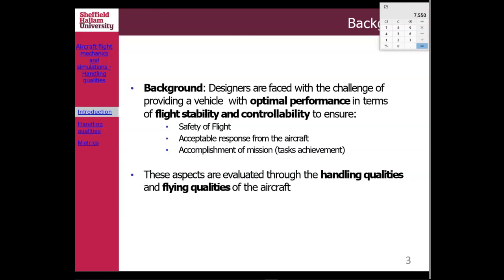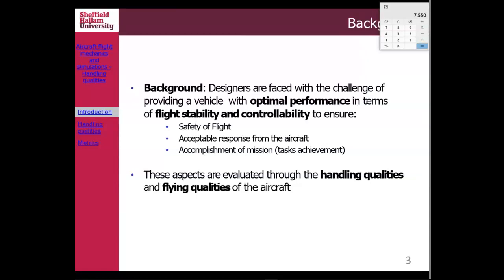So the background is obviously, as a designer, you need to provide your aircraft, which you're designing, with an optimal performance. Now with regard to stability, we talked about stabilities already last week. There are two stabilities, static stability and dynamic stability.